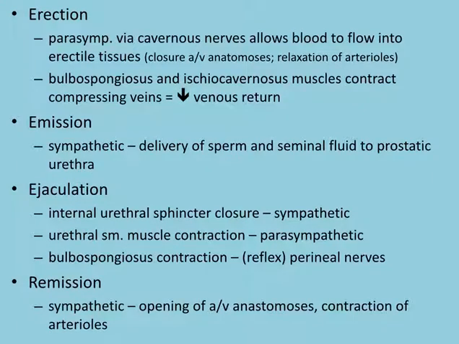All right, this slide is just giving you a description of the nervous control for the sequence of events for sexual stimulation in males. Okay, so it starts with erection. Erection is controlled through the parasympathetic system via those cavernous nerves.